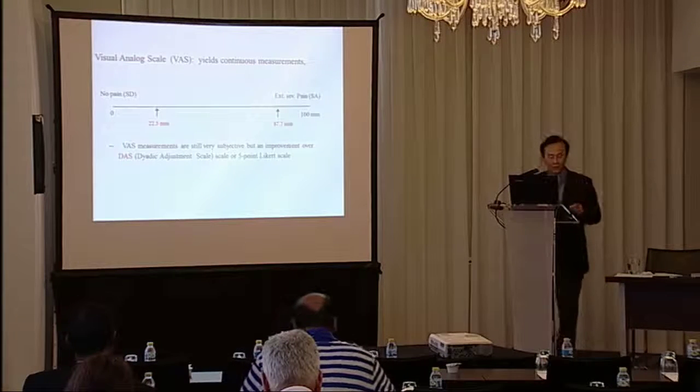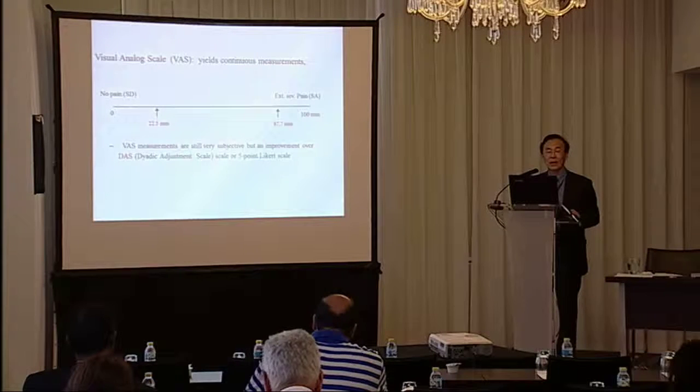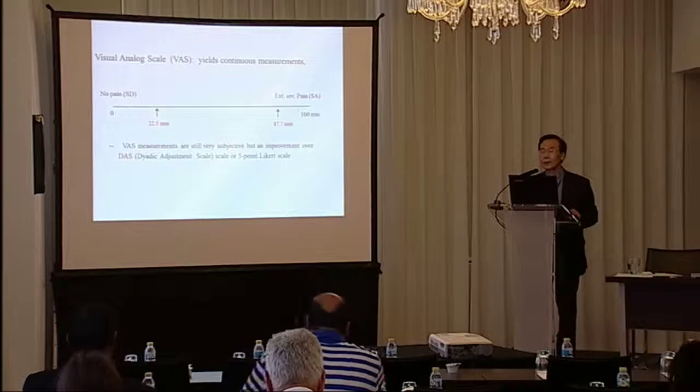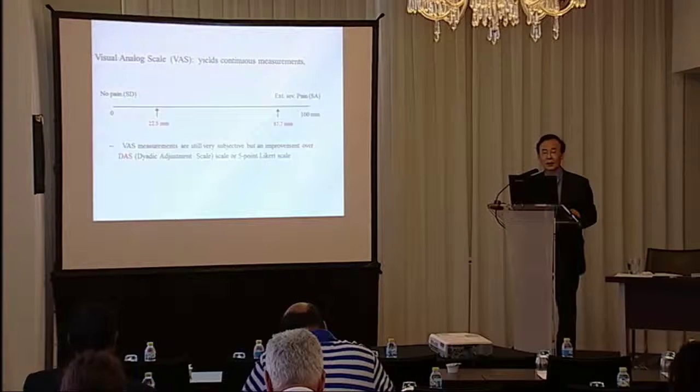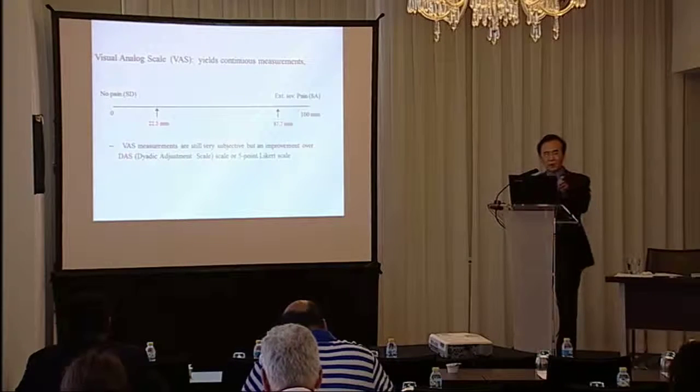Now, a little bit of improvement in quantifying this ordinal data is what is known as a visual analog scale. You provide respondents with a straight line, where the left-hand point is no pain and the right-hand point is extremely severe pain, and you let respondents mark wherever they think the amount of pain they feel. And you simply measure the distance.